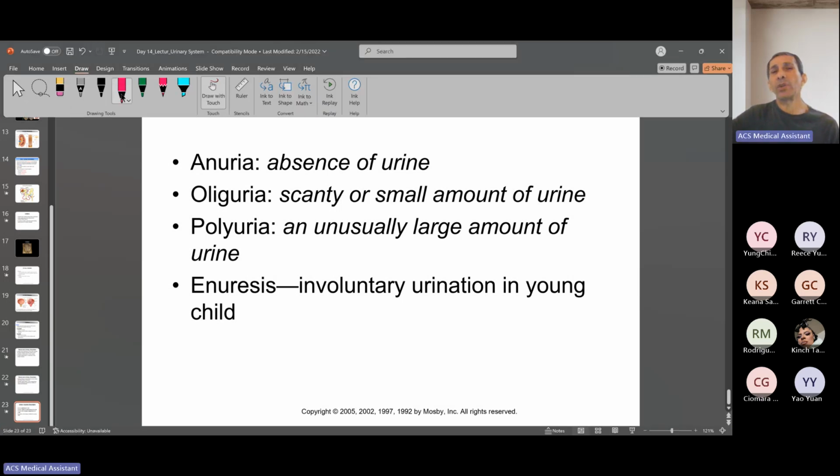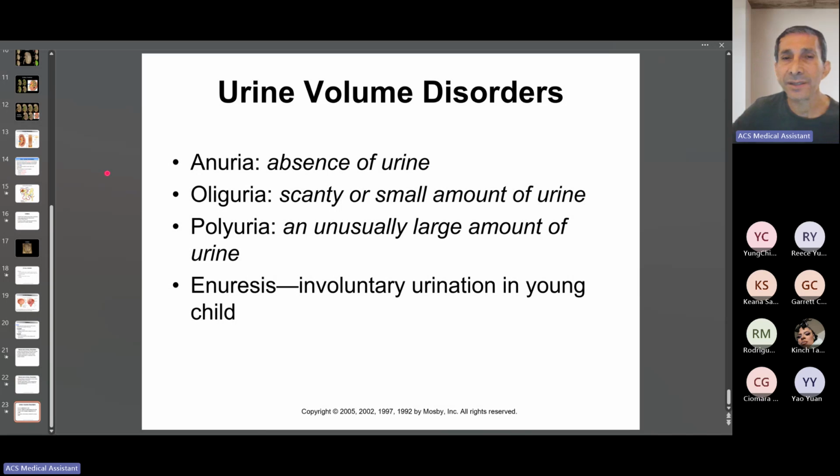So when we talk about urine volume disorders, it does not necessarily mean how much urine you pass out, but instead how much urine is being produced by the kidneys. So let's talk about anuria.